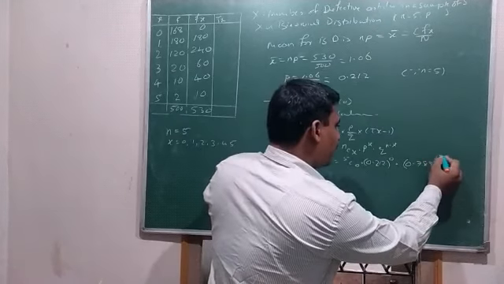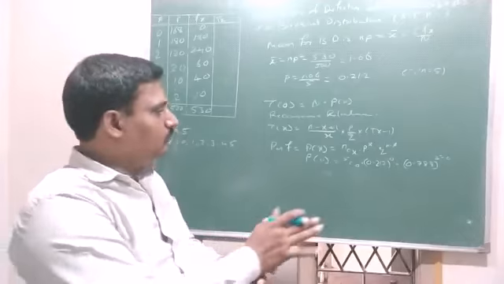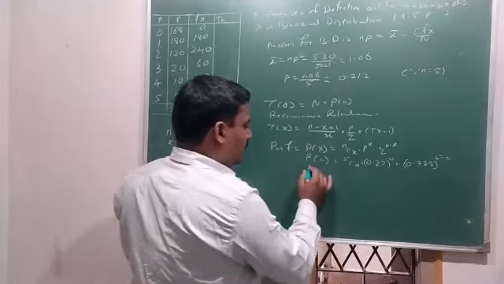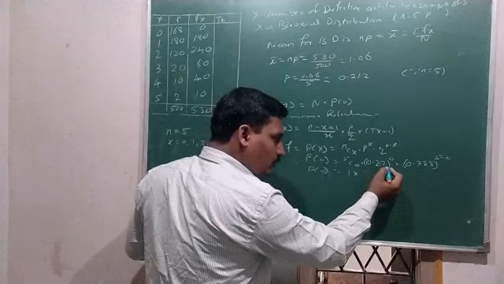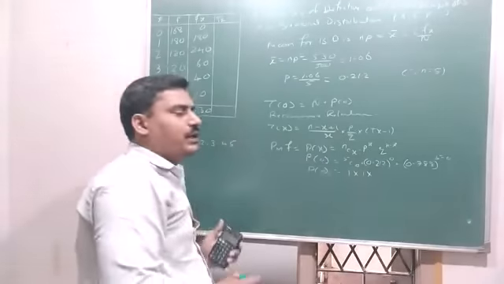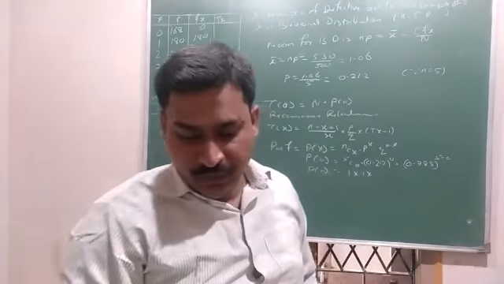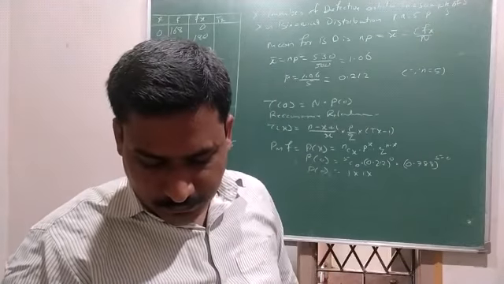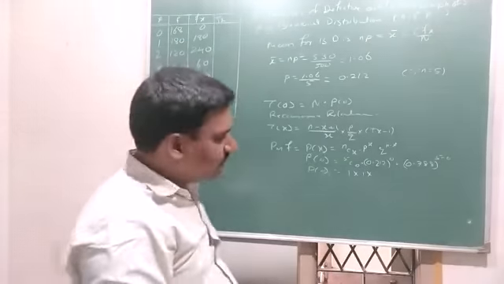So P of 0 is equal to 5C0 which is 1, into 0.212 raised to 0 which is also 1, into 0.788 raised to 5. So we get 0.3038.